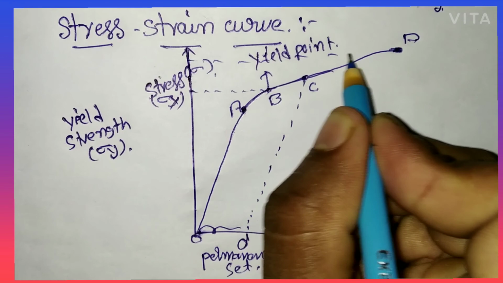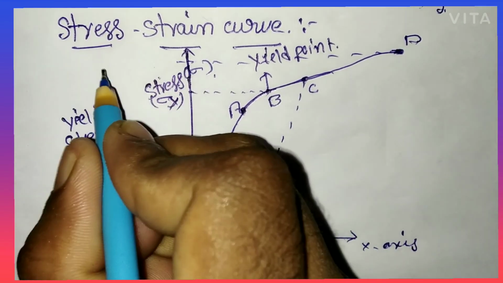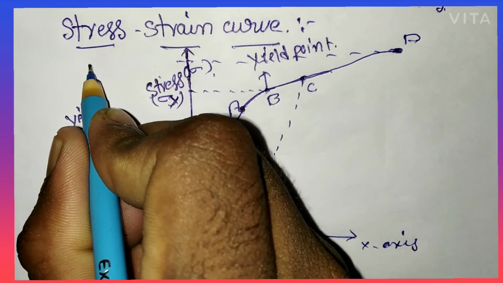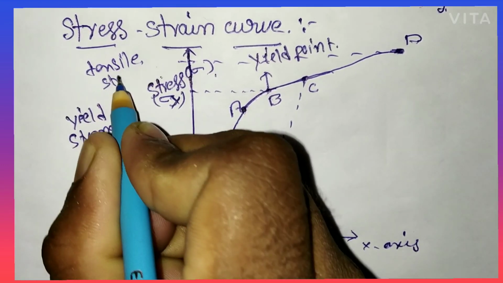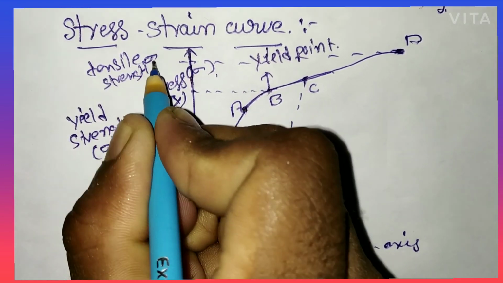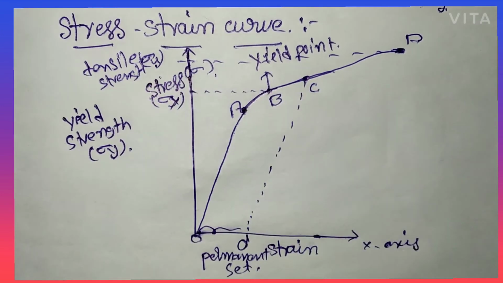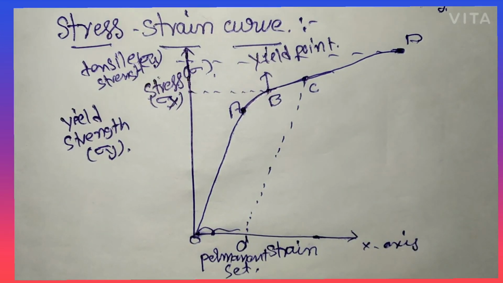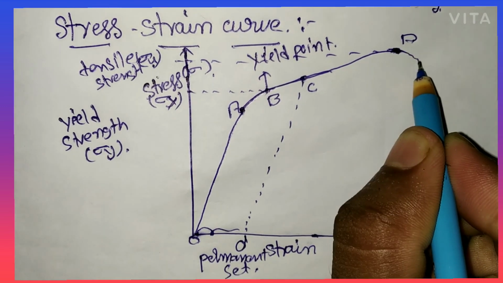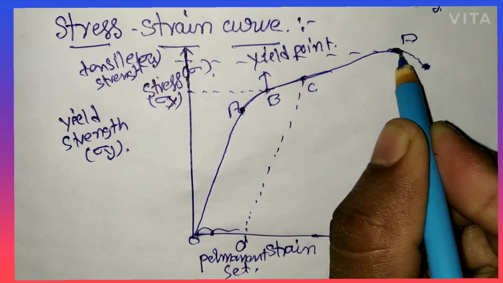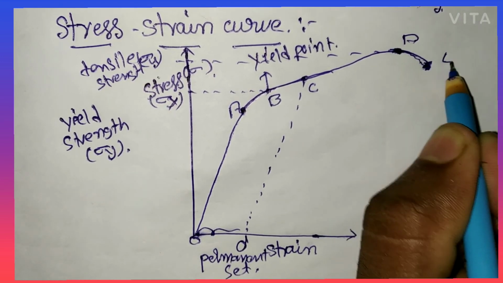Beyond this point, additional strain is produced even by a reduced applied force, and fracture occurs at point E.